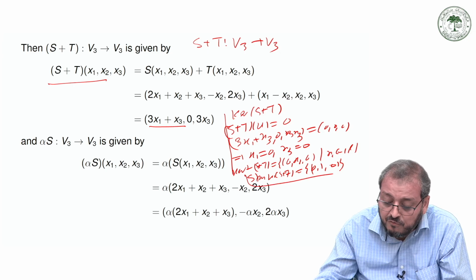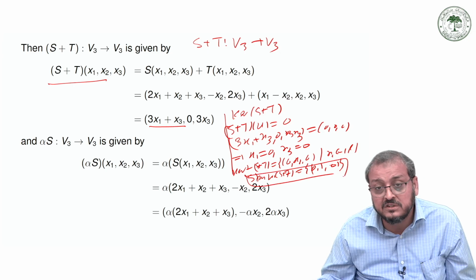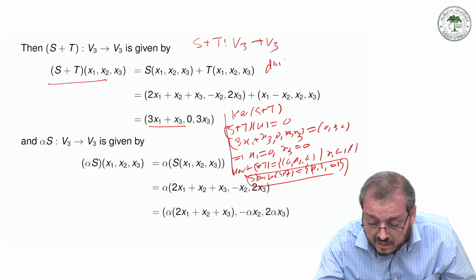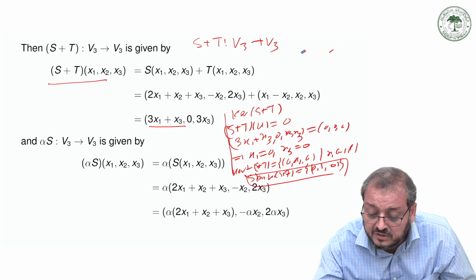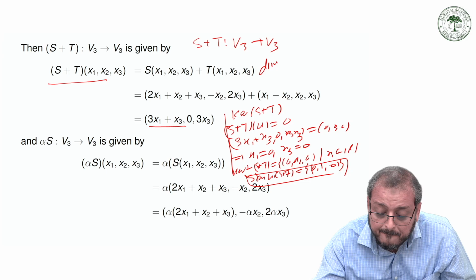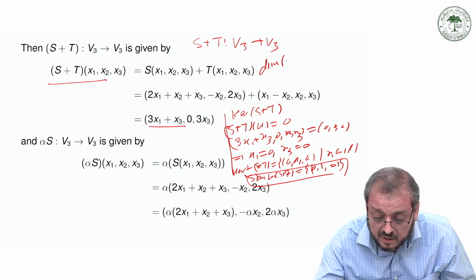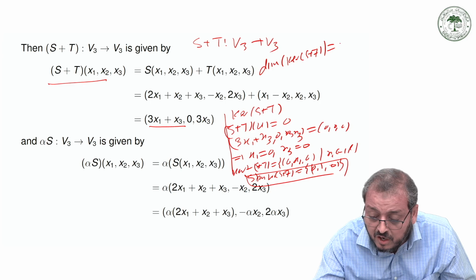So, this is the span of the kernel, and then we can say that the dimension of the kernel of s plus t is equal to 1.